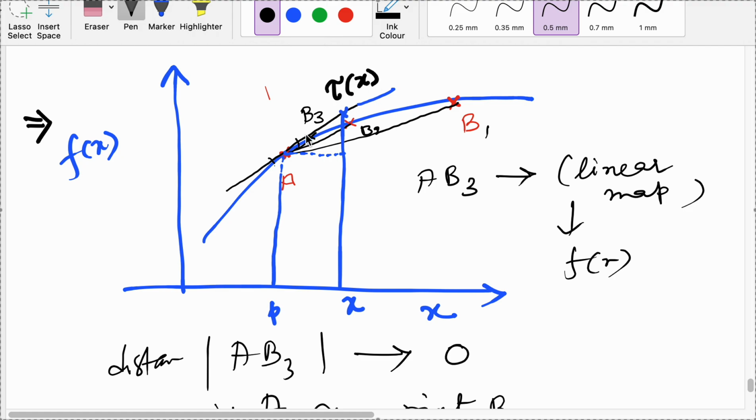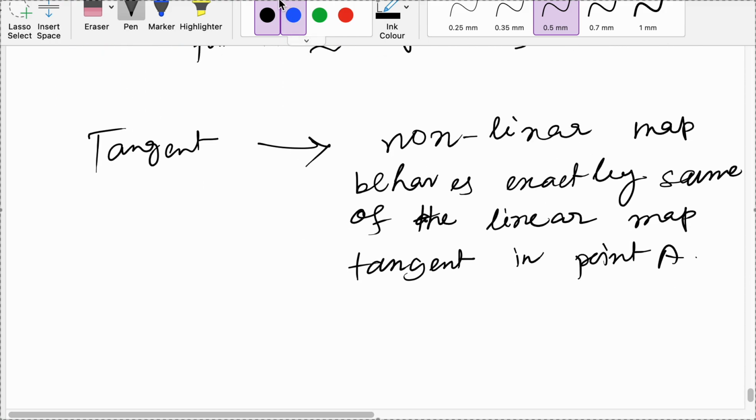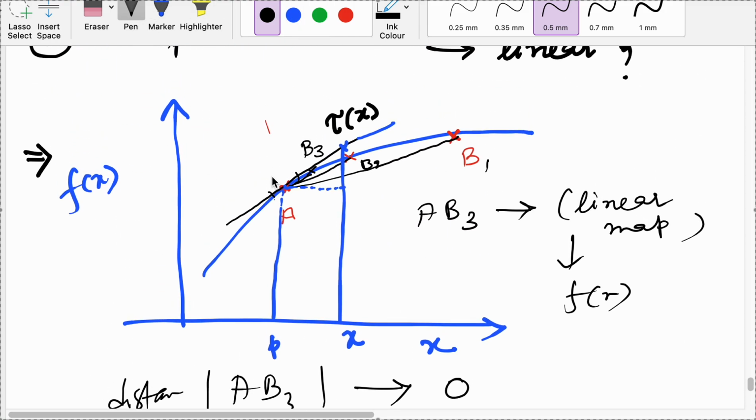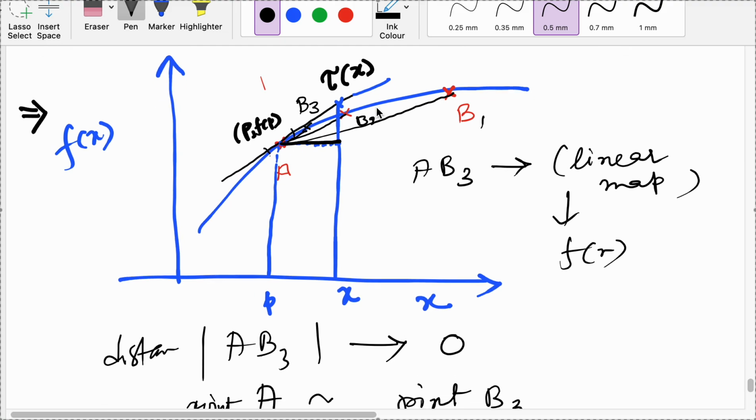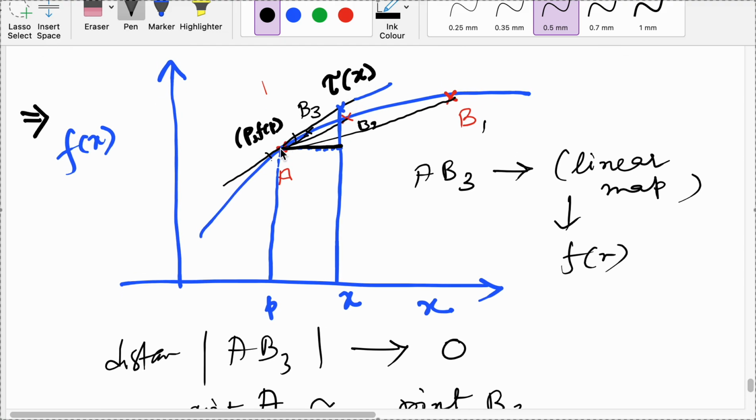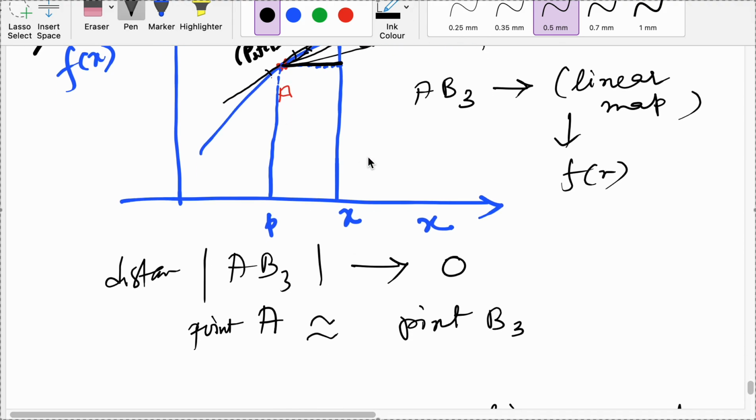This point I know is P comma F of P. I can draw a line here, and I know the tangent at this point. Suppose the tangent is F prime of P.